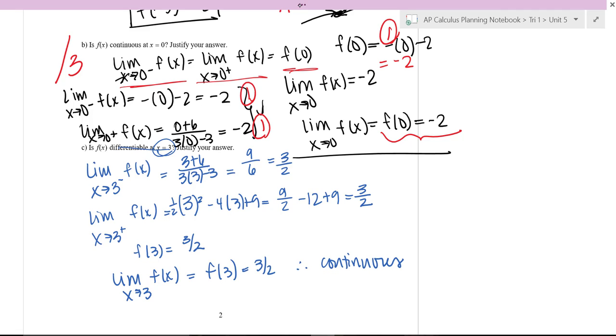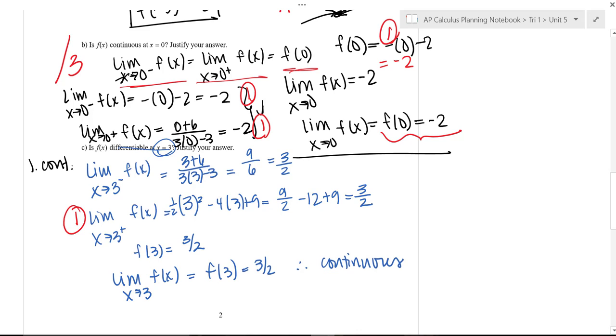You had to prove continuity first, because remember, if something is not continuous, it is not differentiable, end of story. After we went through that whole continuity statement, step 1 is continuity. Step 2 is proving differentiability. So let's get that done really quick here.